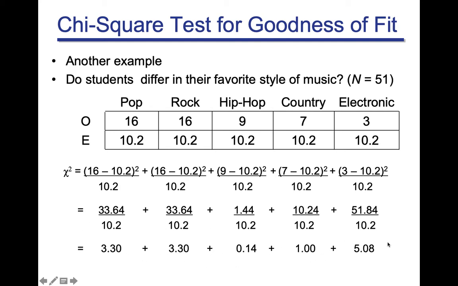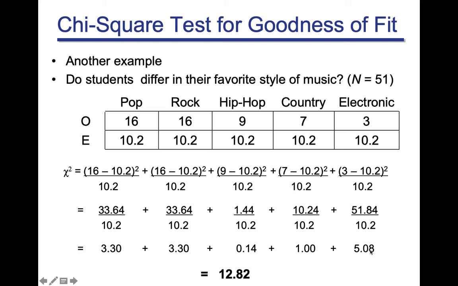Now what you see on this bottom line is each category's contribution to the chi-square. The total chi-square is 12.8, and we got that by summing up 3.3, 3.3, 0.141, and 5.08.